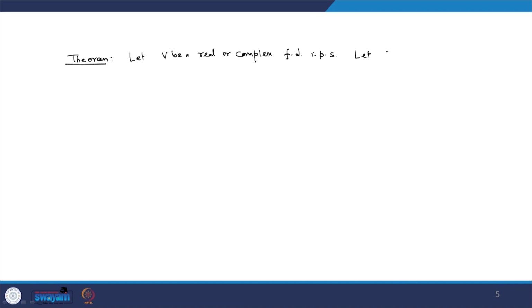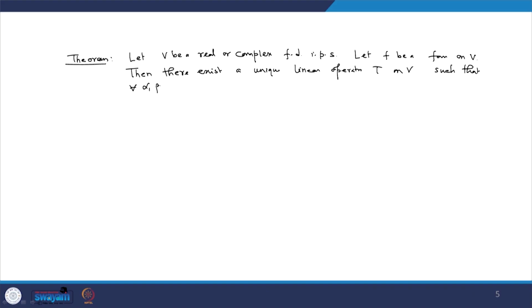Let f be a form on V. Then there exists a unique linear operator T on V such that for all alpha, beta belonging to V, f of alpha, beta equals the inner product of T alpha, beta.